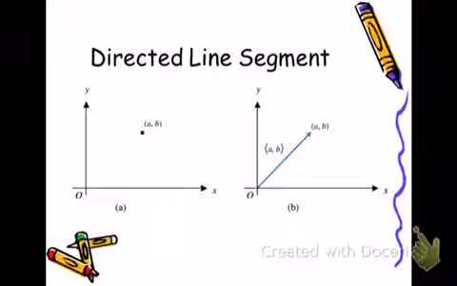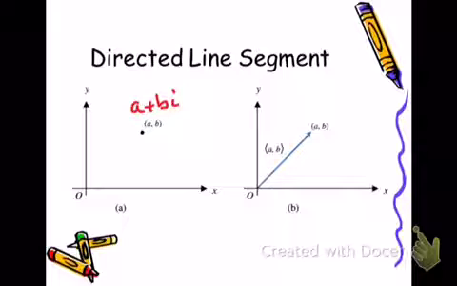And we've already been doing this, right? If we have the point (a, b) in the XY plane, what would that be in the complex plane? It would be a plus bi, right?